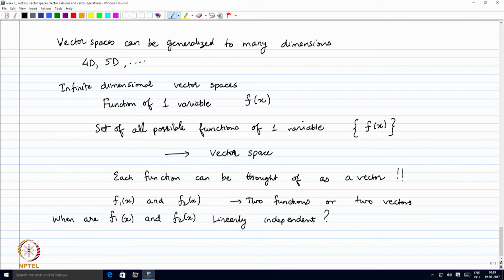Okay. And in this case, the answer is that if you take C1 f1 of x plus C2 f2 of x equal to 0, and you say that C1 and C2 are not both 0.